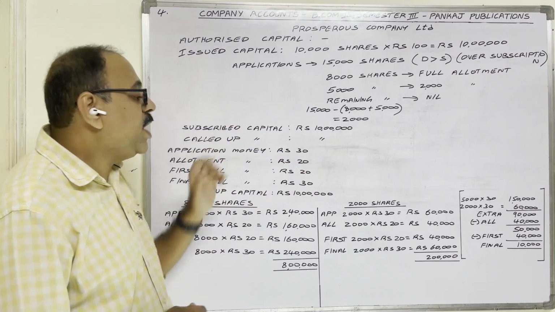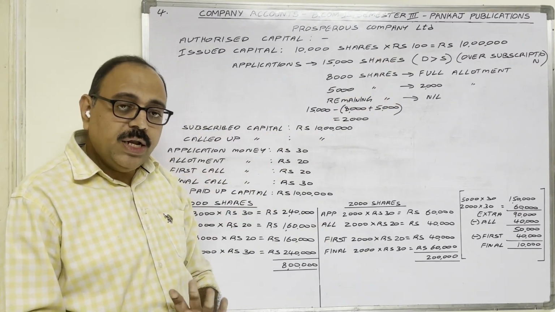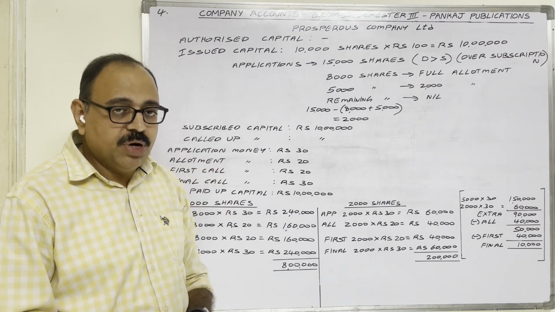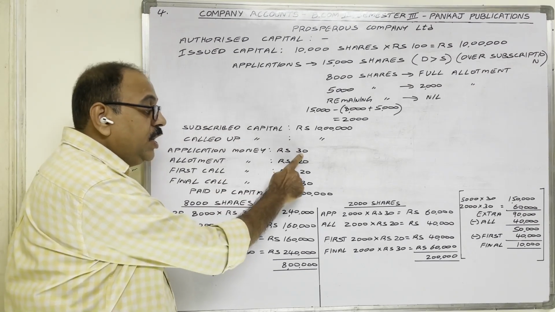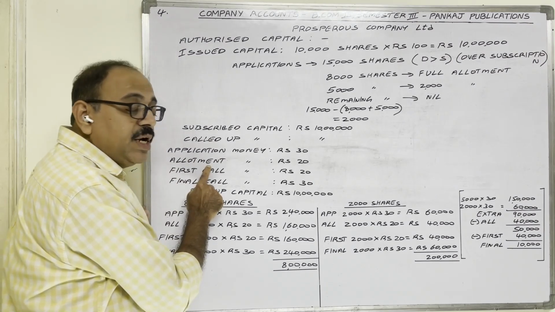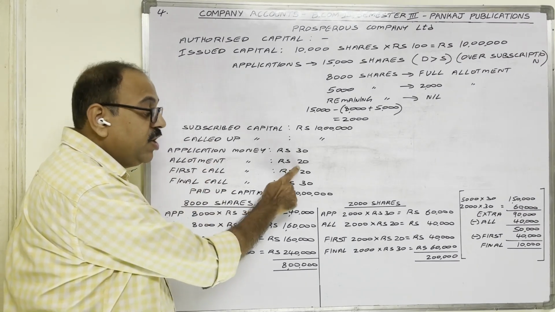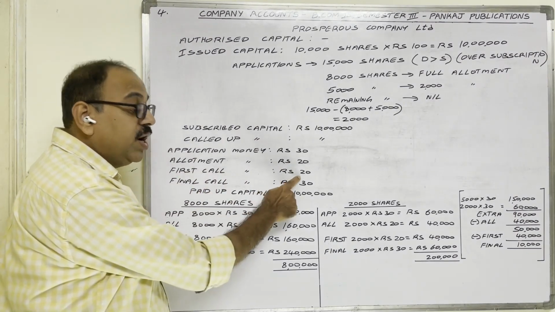Then called up capital. How does the company want to call this 100 rupees? On an installment basis, four installments. The first installment is application money, 30 rupees per share. The second installment is allotment money, 20 rupees per share. The third installment, first call money, 20 rupees per share.